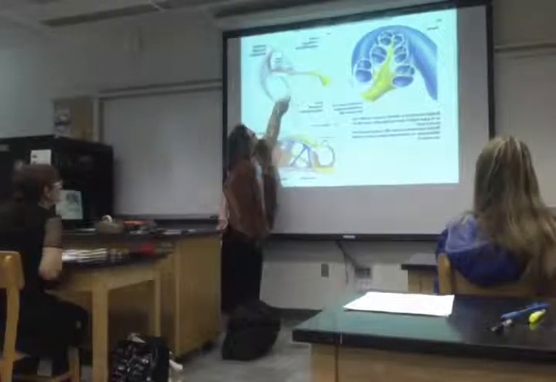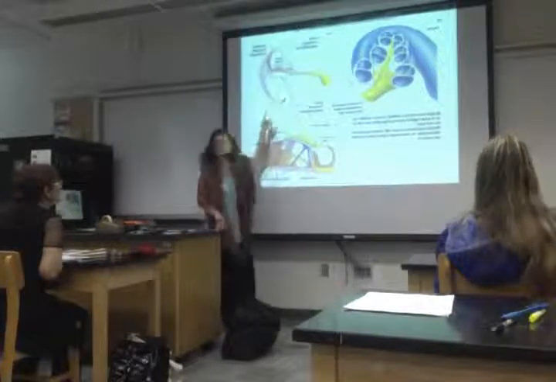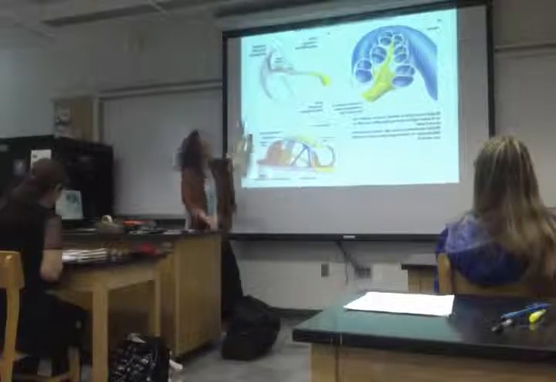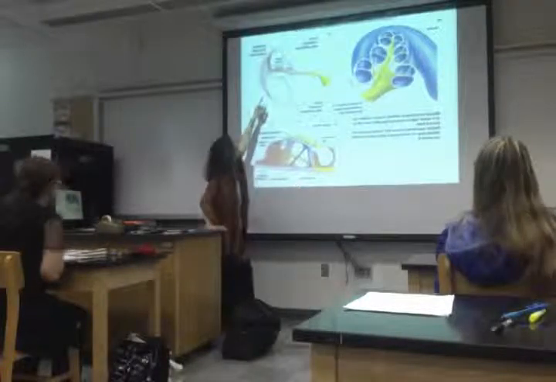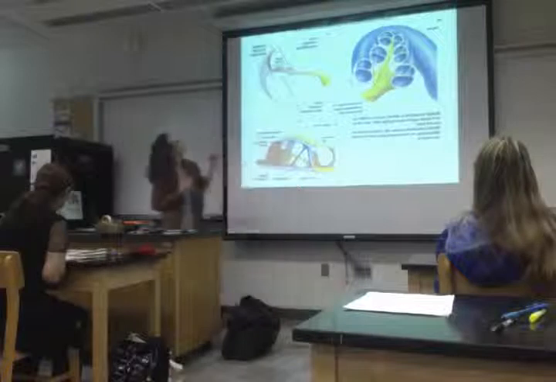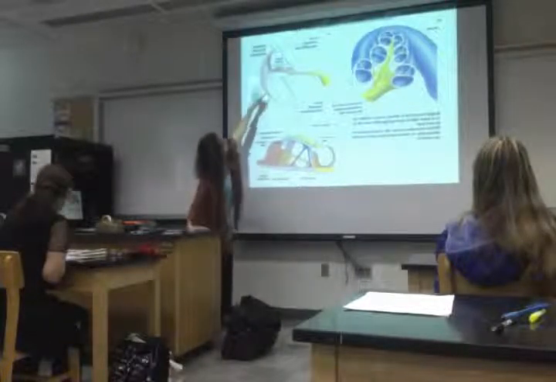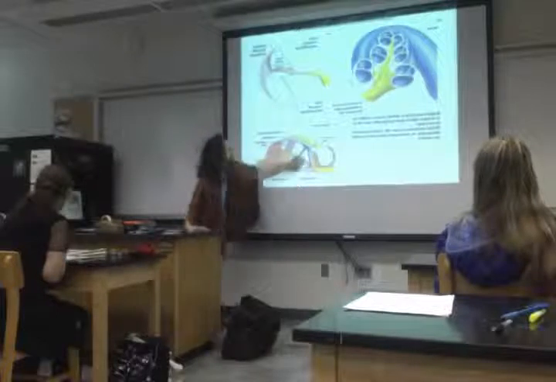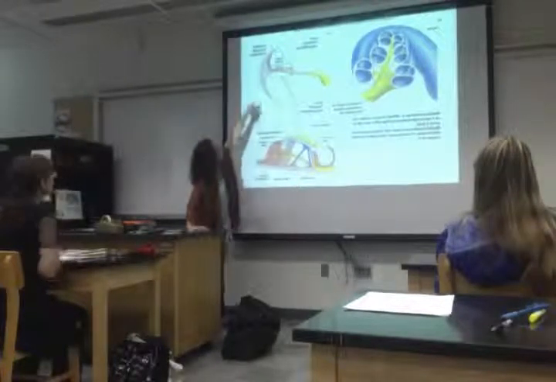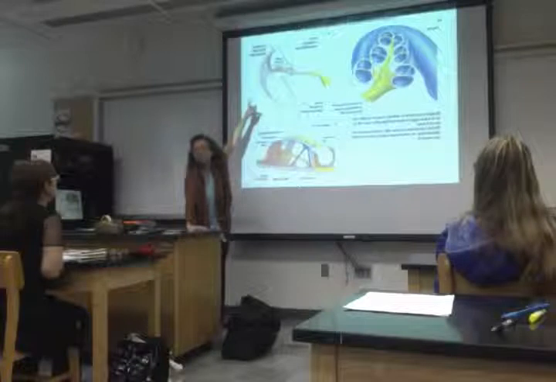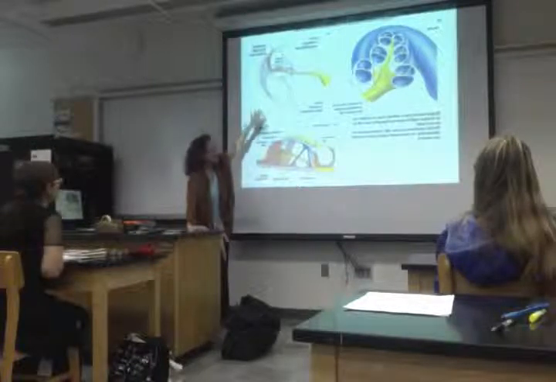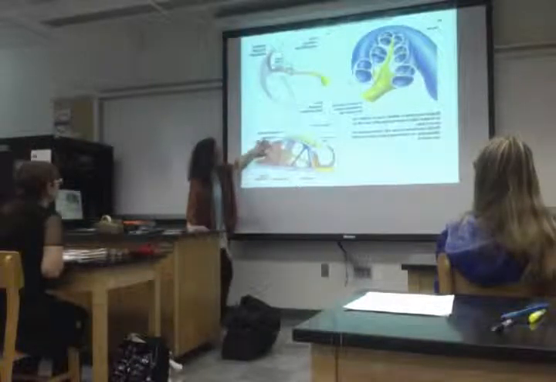We've got our two scala, one on the top, one on the bottom. Remember perilymph. And here's the cochlear duct over there, and that's going to be our basilar membrane. Now here's the extreme close-up of what's inside that cochlear duct. Remember that's endolymph too. All right. So now here's our extreme close-up.